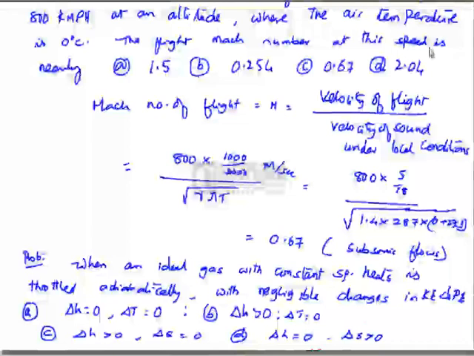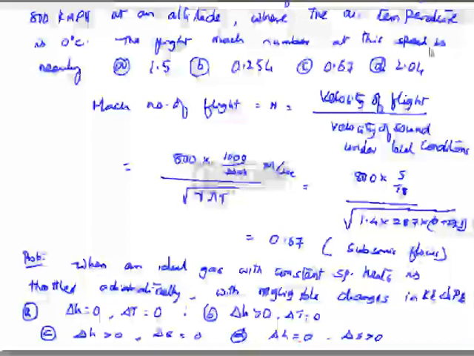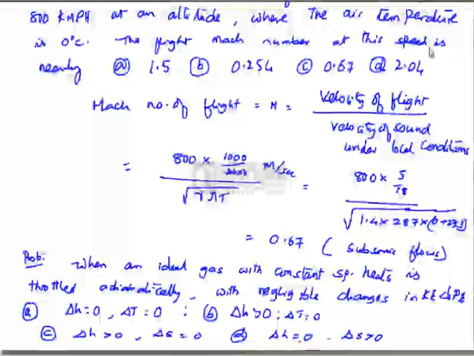The answer is given like this. Because the process is throttling, during every throttling process enthalpy remains constant. Therefore, delta H is equal to 0. Then coming to the temperature changes, because working fluid is ideal gas, for ideal gas mu is 0. What is mu? Joule-Thomson coefficient.